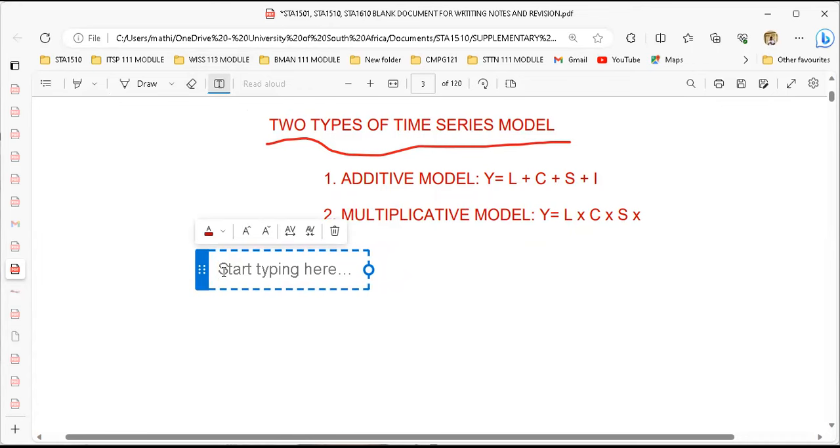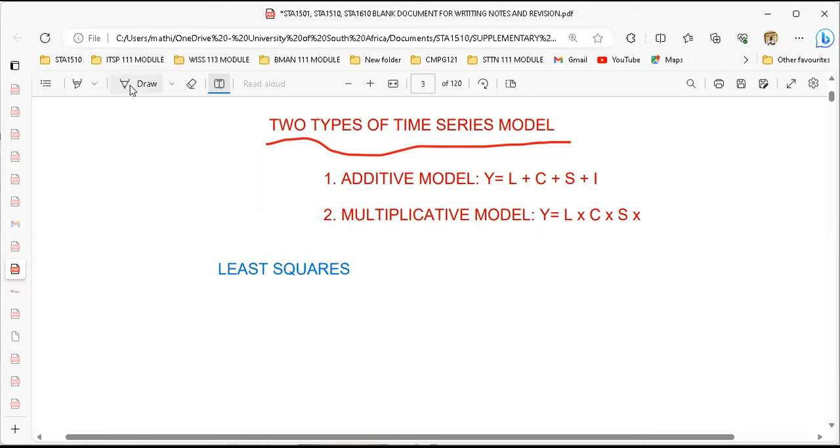I'm going to use this one. The least squares. Once you know this one, trust me, you never go wrong. So now let's look at this. It's very important.